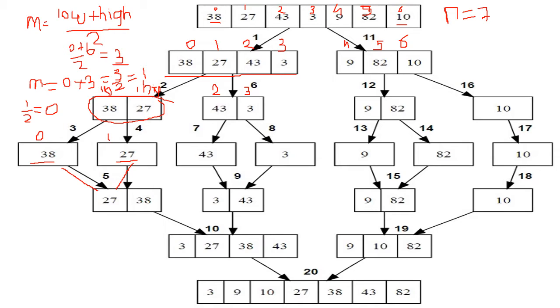After that, what is the next iteration? We should divide this, because here two elements are there and 2 is less than 3.